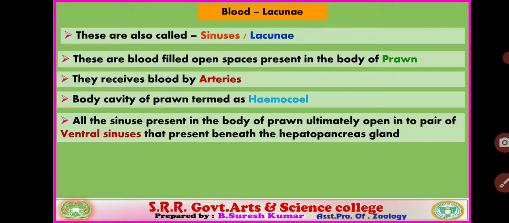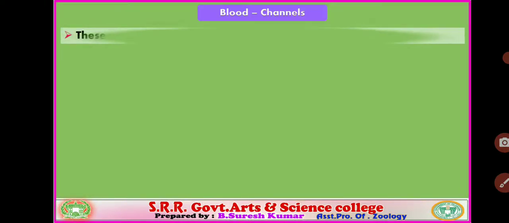Along the length of the body, many sinuses are there, but all those spaces are ultimately connected with two major sinuses. They are the ventral sinuses, present beneath the hepatopancreas gland. Ultimately the blood enters into the ventral sinus.